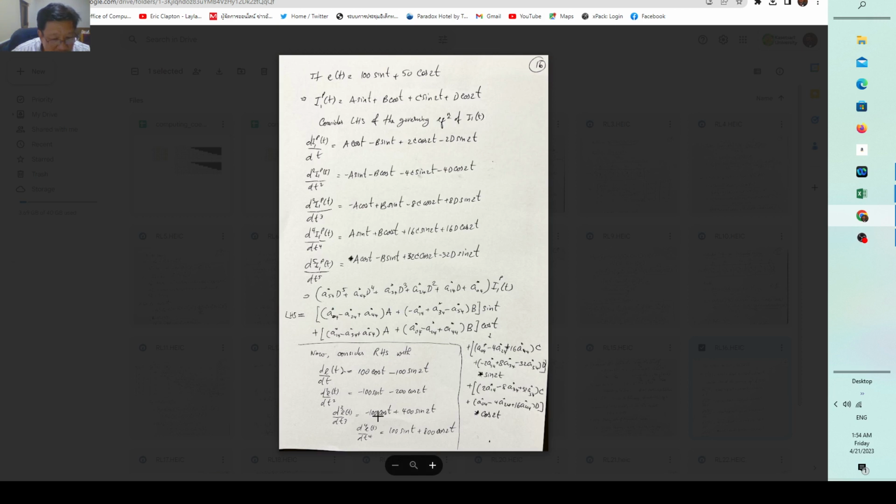The third order, the first term is the same, just because the derivative of sine gives cos, so just change sine to cos. This one from minus 200 becomes plus 400, because you find the derivative of cos, you get minus sine, minus times minus becomes plus. Okay, this is the fourth order: the derivative of minus cos becomes plus sine, 100 sine.